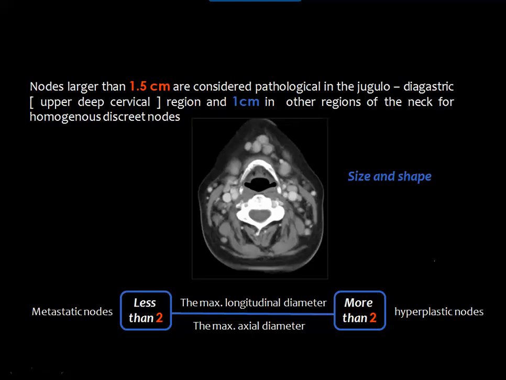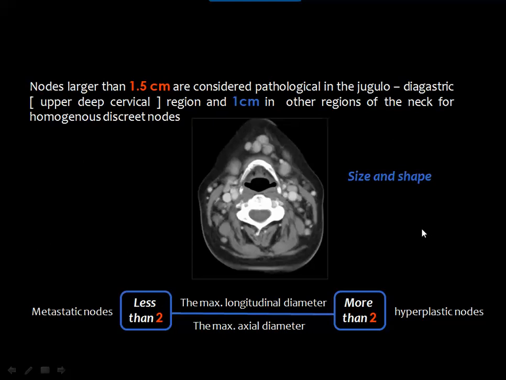But this greatly affected the sensitivity of lymph node detection. Then the usual threshold used nowadays is 1 centimeter for the size of the pathologic node.